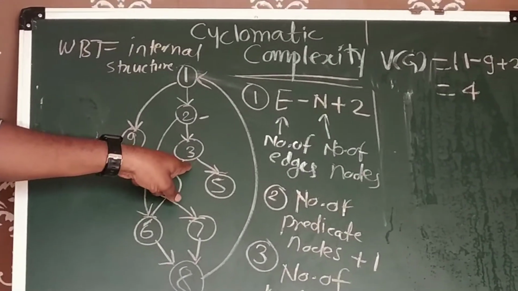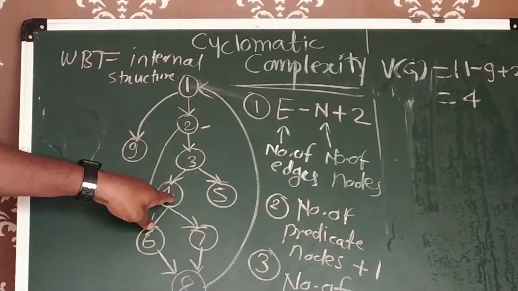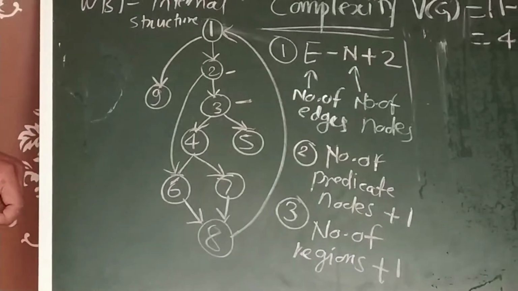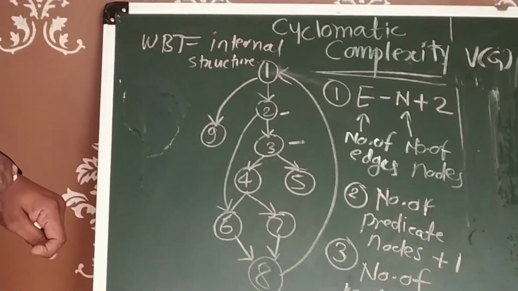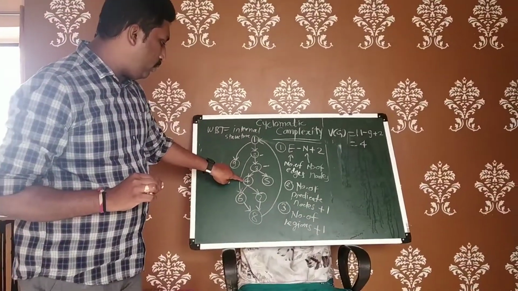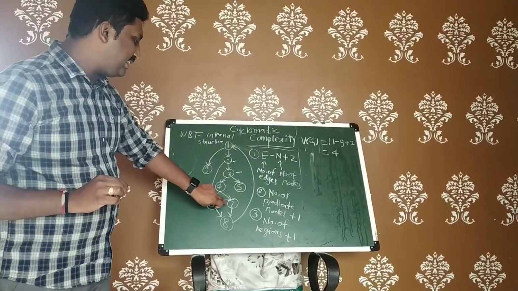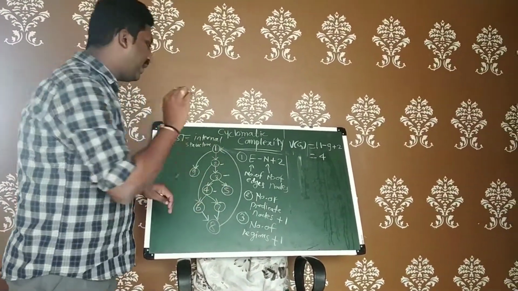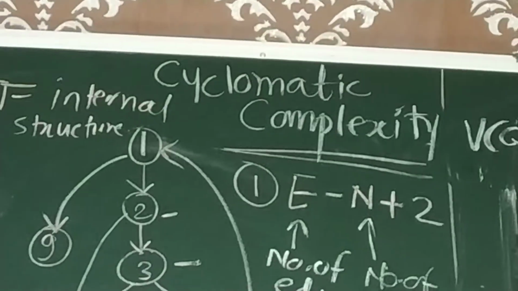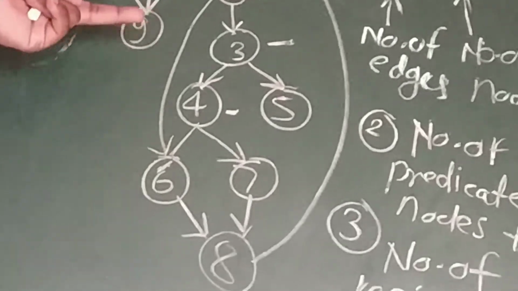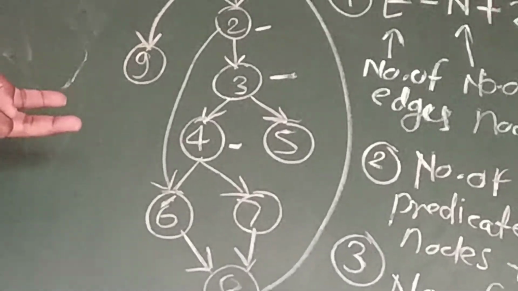Node number 3 also gives you 2 nodes, node number 4 and 5. Yes, it is also a predicate node. Node number 4 gives you node number 6 and 7. Yes, it is a predicate node.